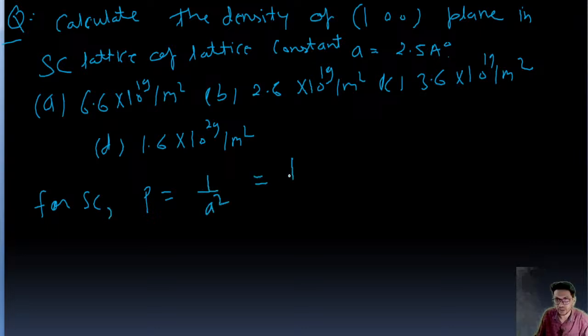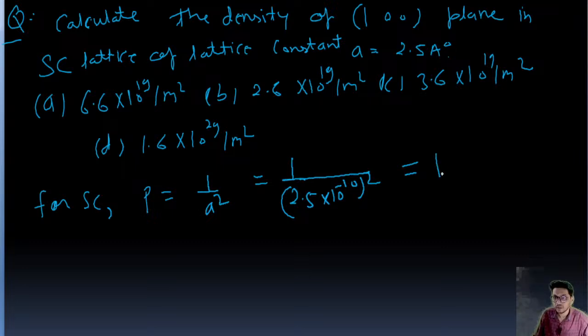So we'll just put the value. A is given. The density is 1 upon A square, means 1 upon 2.5 into 10 to the power minus 10 whole square, right? So this is going to be 1.6 into 10 to the power 19 per meter square.